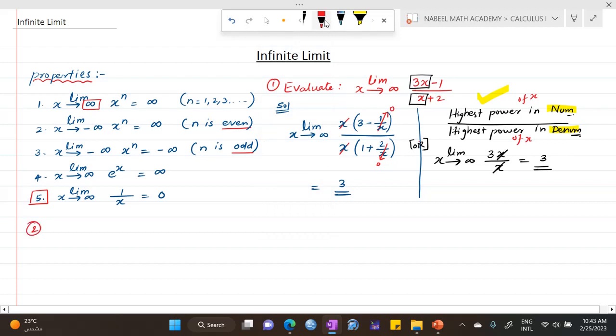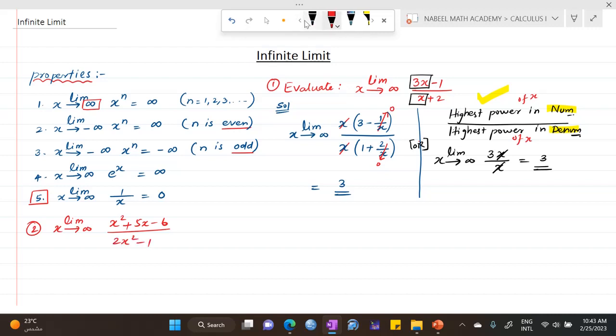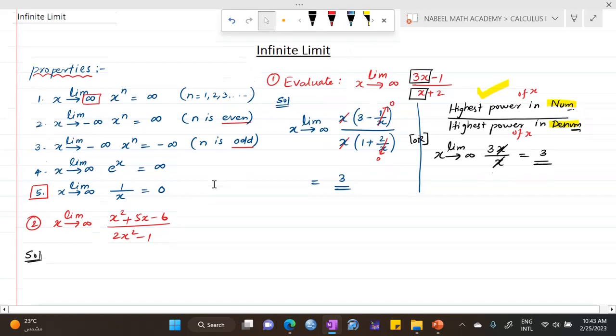The limit as x approaches plus infinity of (x square plus 5x minus 6) over (2x square minus 1). I will solve this using the same technique. Take the highest power of x in the numerator and the highest power in the denominator.